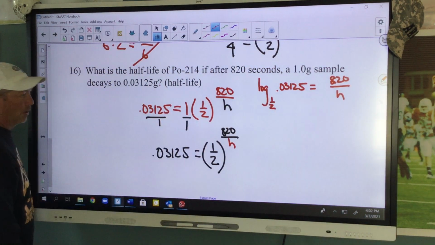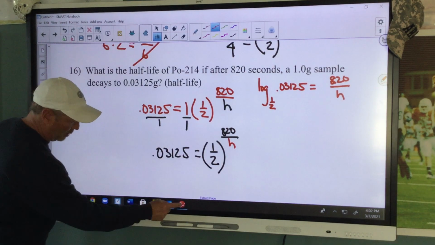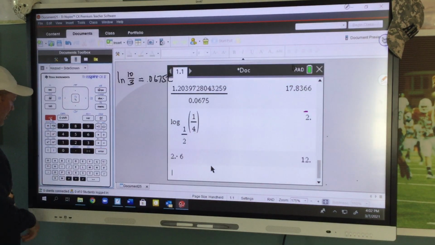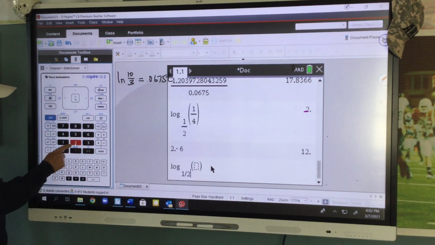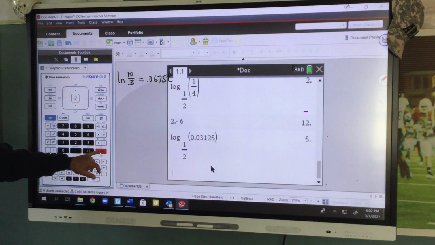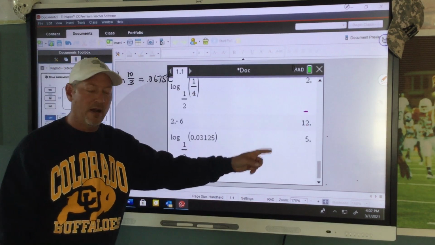Okay, so we're going to get log base 1/2 of 0.03125. We're going to hit enter, and it's going to give us the number 5.